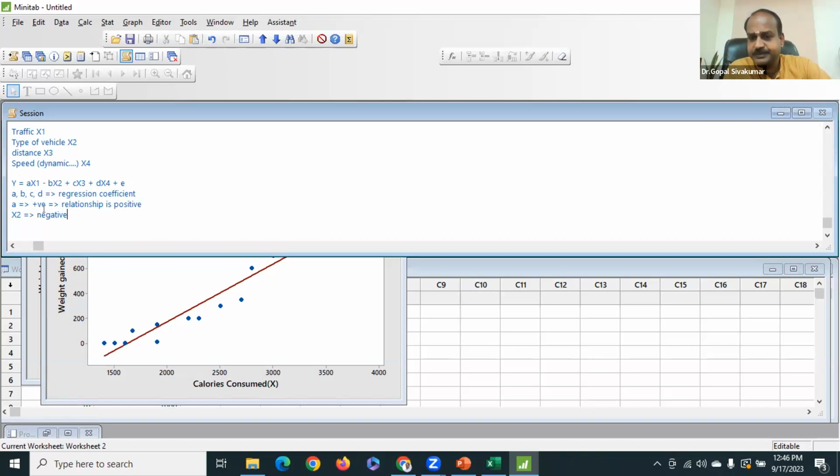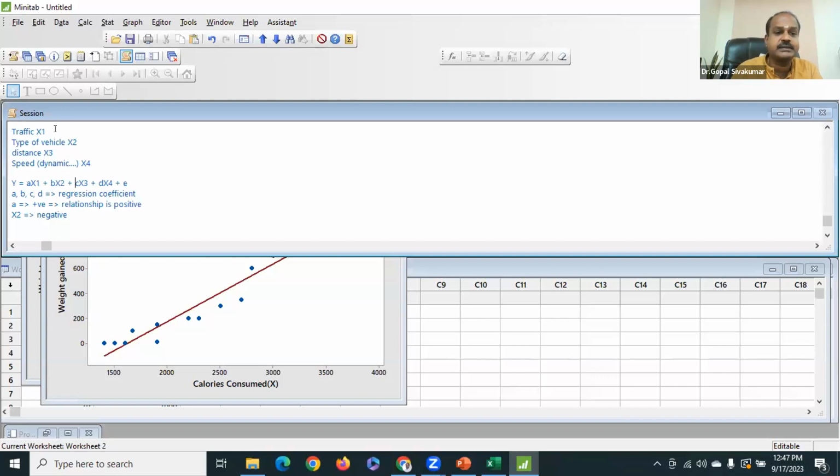Am I right? Yes. Now, in our example, traffic has positive relationship. More traffic, more time, positive relationship. More distance, more time. More the speed, lesser the time. Am I right? Yes. So negative. I'll make the change accordingly.